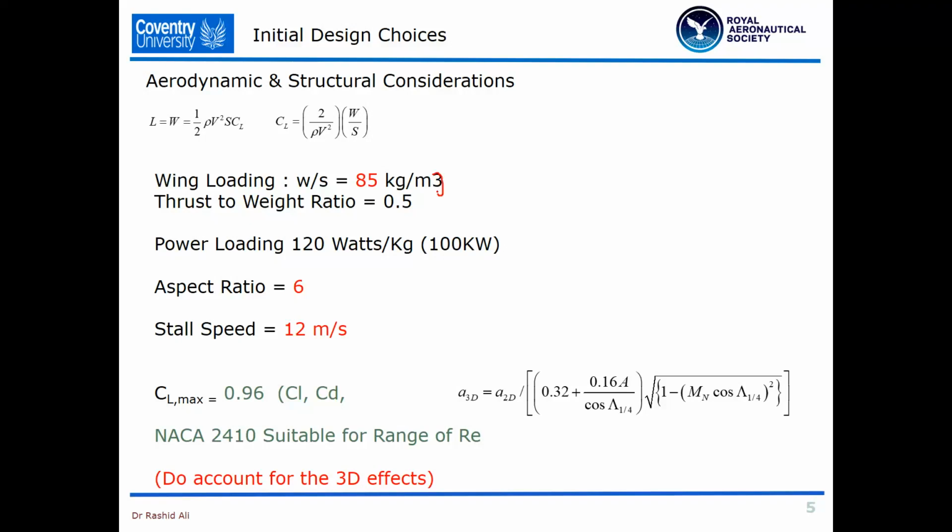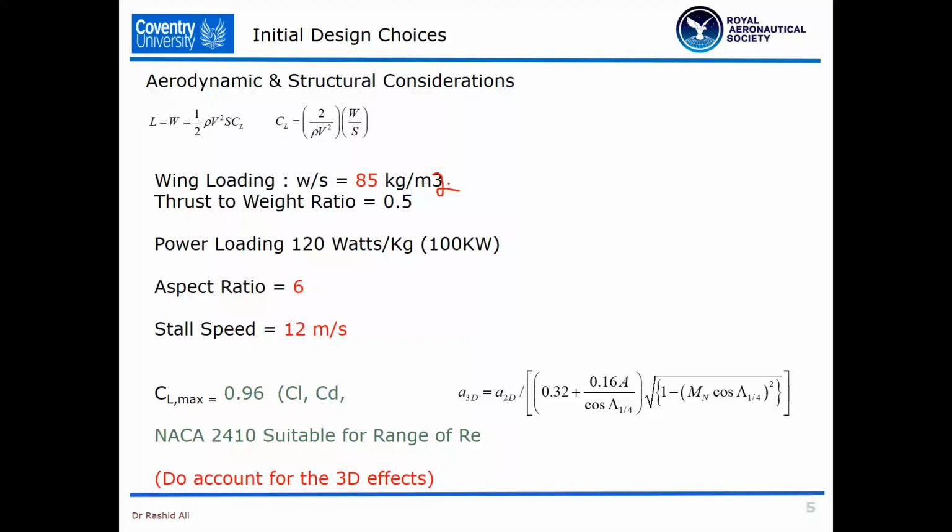And we're going to choose a thrust to weight ratio of around 0.5. So what comes next? A 120 watt per kilogram power pack will do the trick based on competitor analysis.